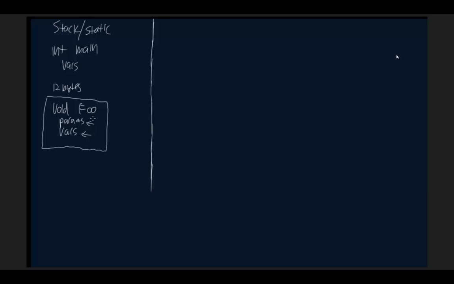Never more, never less. Stacks are static. So the stack will never change in size for an individual function call. However, we also have a place called the heap. The heap is dynamic.